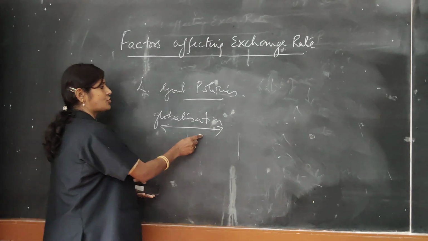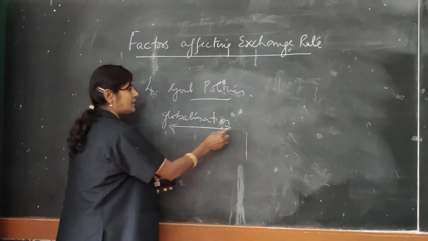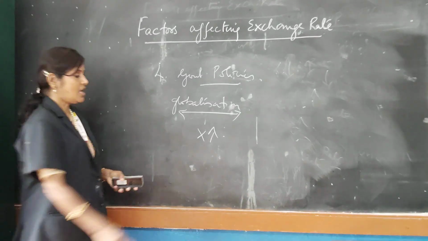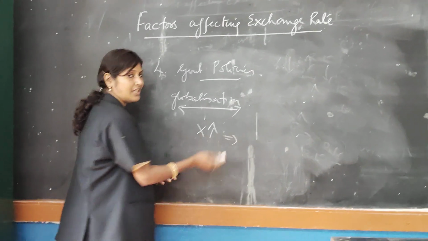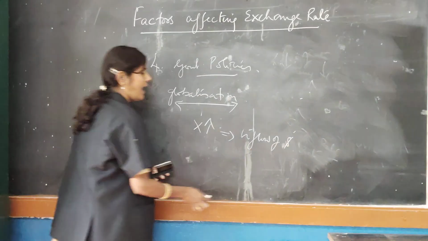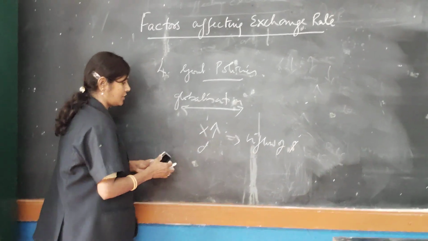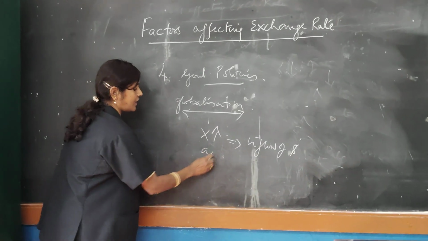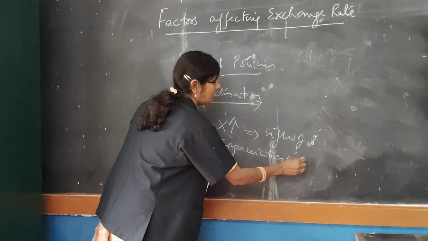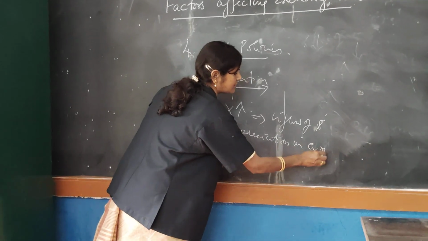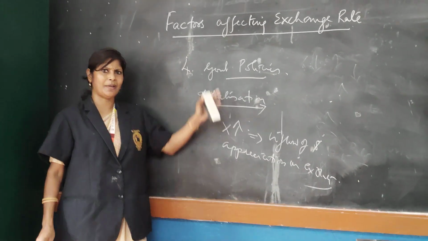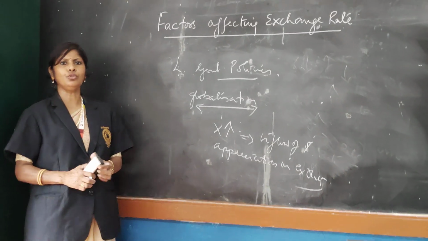So this globalization principle will definitely improve the exports. It will lead to the inflow of dollars, and there will be an appreciation in the exchange rate, right? This is the effect of the government policy. Better government policy will lead to this.